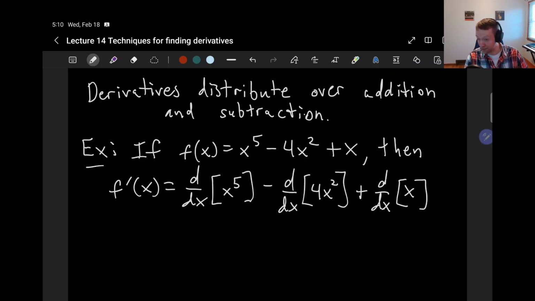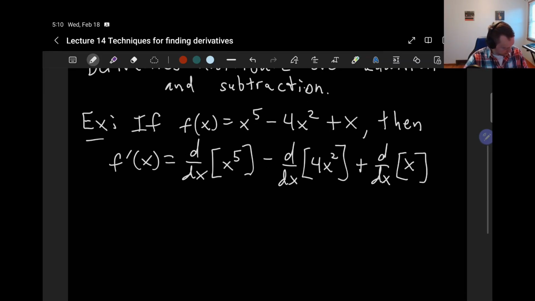Now, is that the case when it comes to multiplication? Not so much. We'll get to that in the coming lessons. Let's finish this. Derivative of x to the fifth.